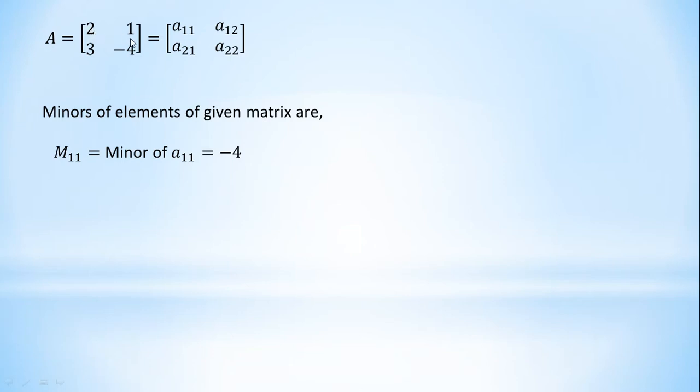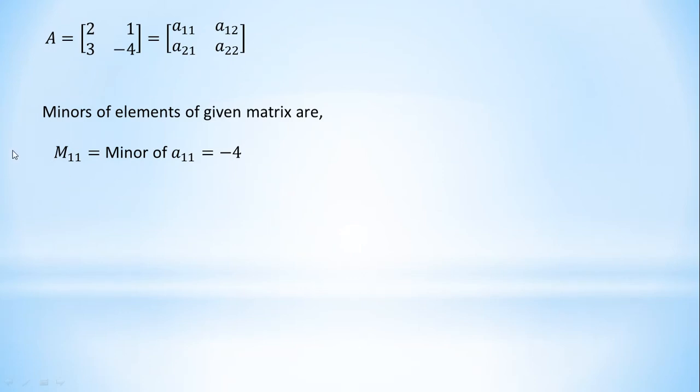By ignoring the corresponding row and column. If you remove this row and column, you get a single element, that is minus 4. Actually we have to find its determinant, but in the case of a 2 by 2 matrix we get a single element. So the minor of A11 is equal to minus 4.